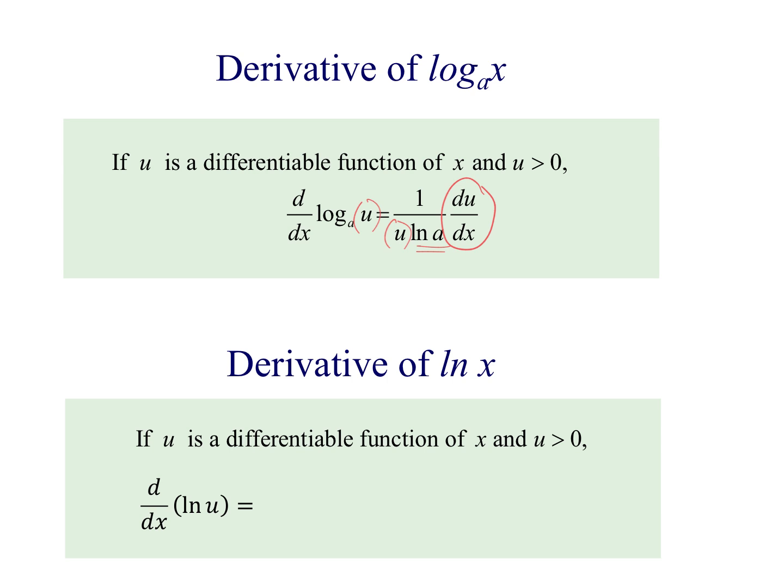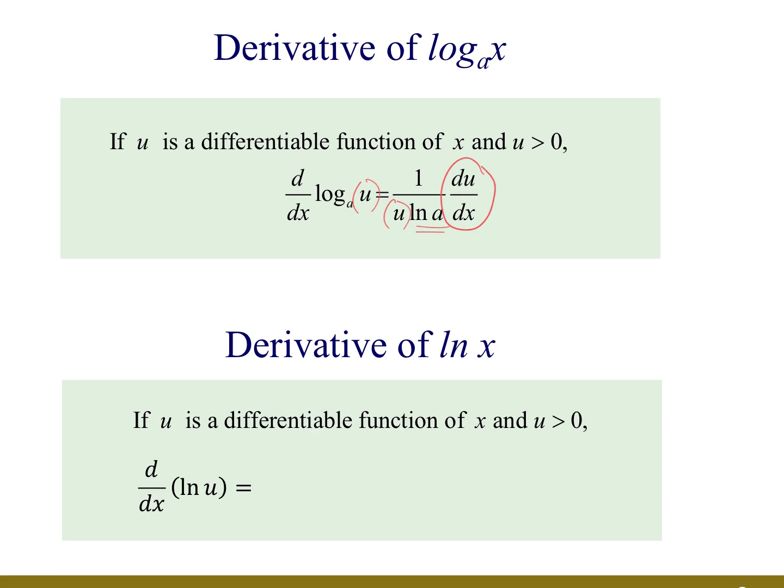So that's where the derivative of a natural log has that special case of 1 over u ln e, and then times the chain rule of du dx. So it simplifies into 1 over u du dx. Natural log is the most common one, but this does apply to any log of any base. You just have the ln of that base as part of the denominator.